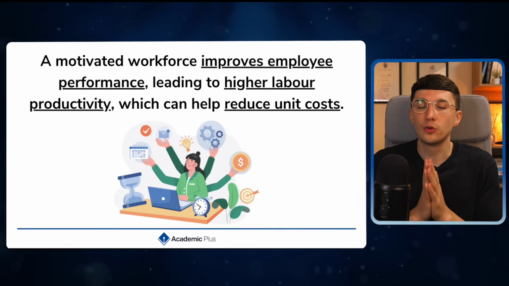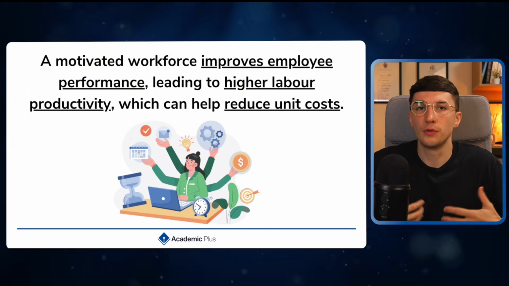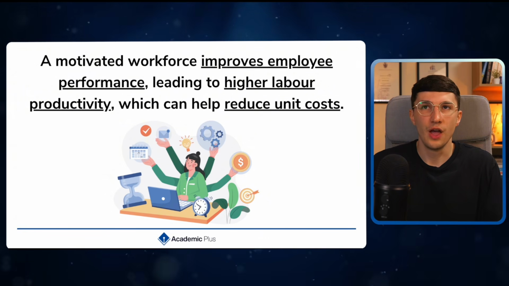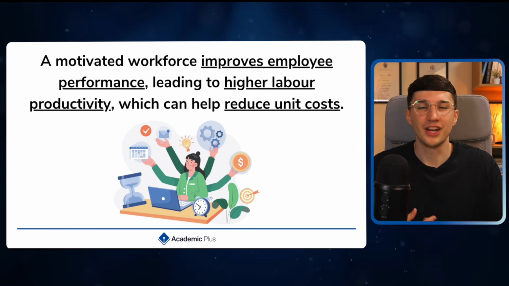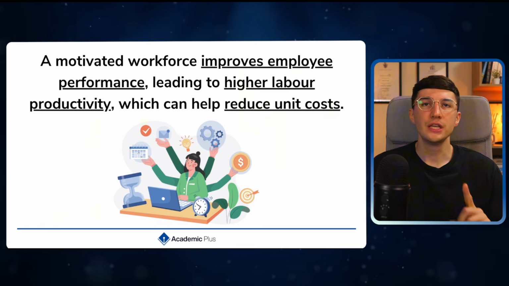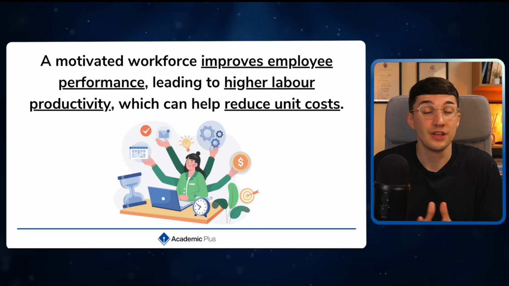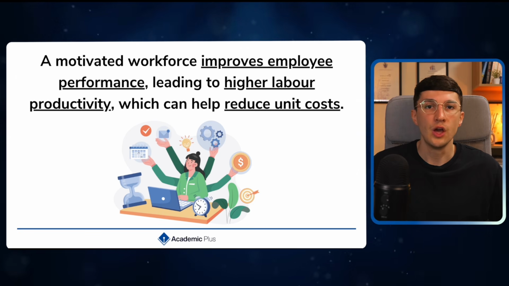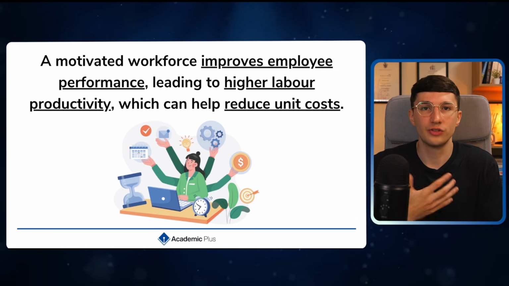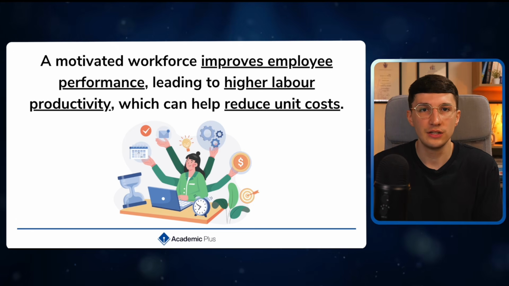Now, the best way to improve productivity is going to be motivating your workforce, because they're going to want to work harder. They're going to care more about the job. The issue with labour productivity is that you may try to motivate your workforce to have a higher labour productivity. You may invest in training so they're more skilled, so they're working at better efficiency rates.